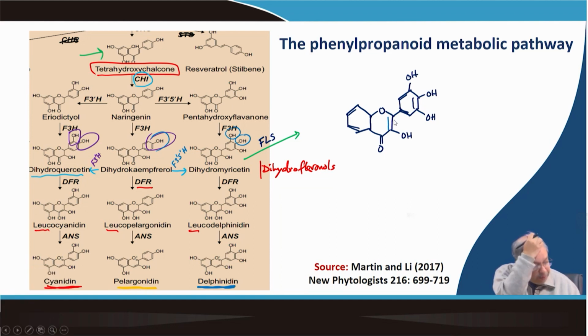Sorry, this is myricetin, which is basically a flavonol. So, that is the side pathway, but the main pathway moves in these three directions.